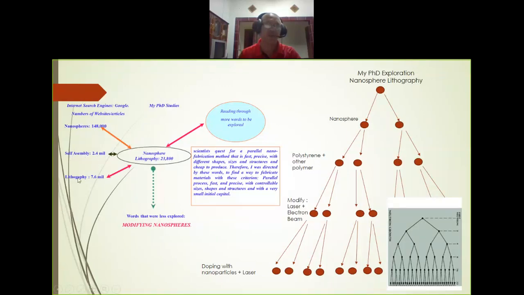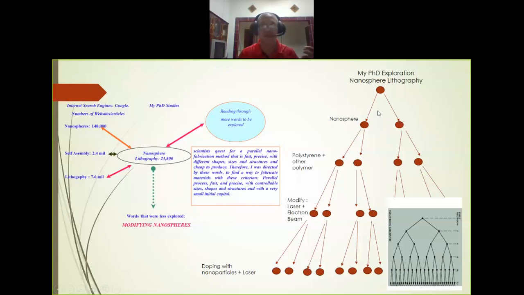And for lithography, I get 7.6 million. From this simple finding, I realized that lithography is much more explored, or maybe much older, compared to the research on self-assembly of nanospheres. So by combining them, I know that I start with nanosphere lithography.